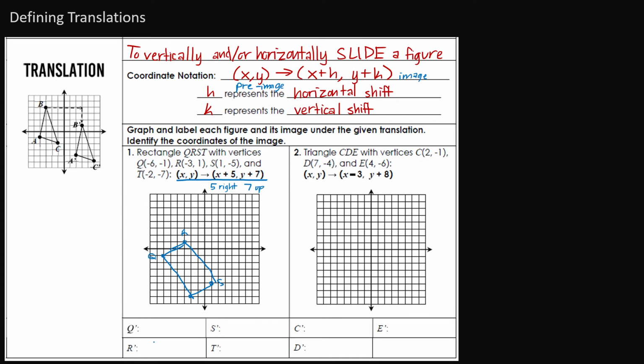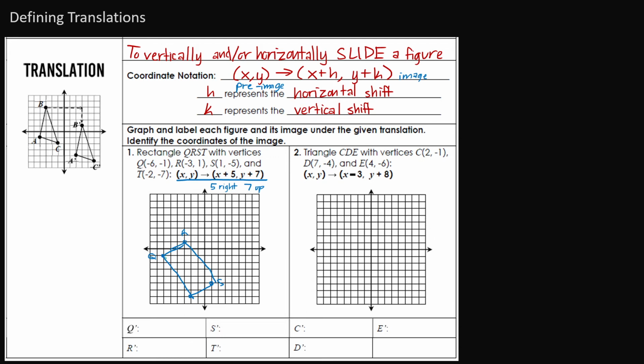And so to find Q prime, R prime, S prime, and T prime, we can shift on the graph, or we can just add 5 to x and 7 to y for each coordinate. Let's do both. So I'll draw my image in green.